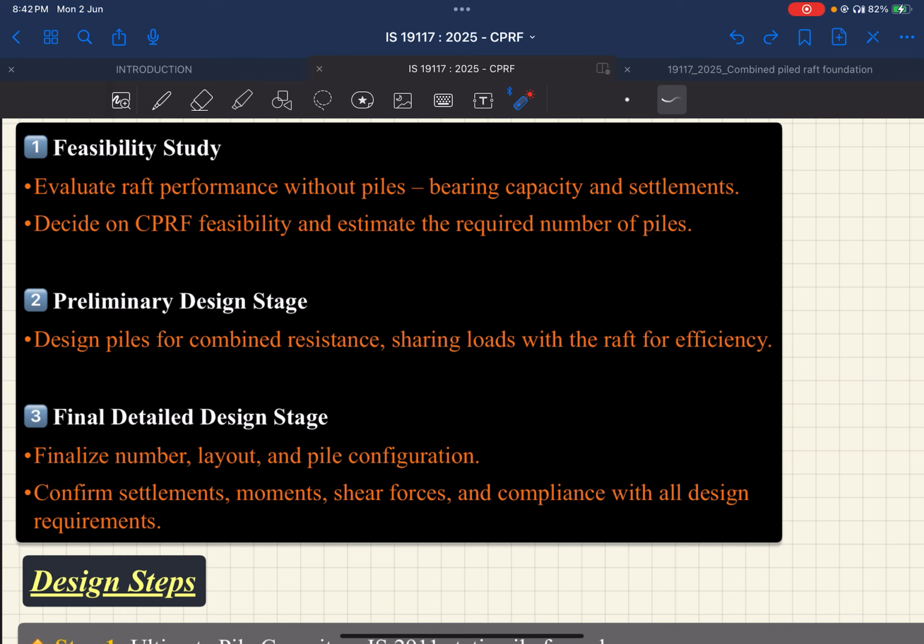In summary, these three stages, feasibility study, preliminary design, and final detailed design, form the backbone of a well-planned CPRF system that balances performance, cost, and safety.